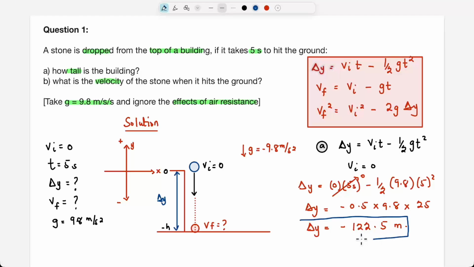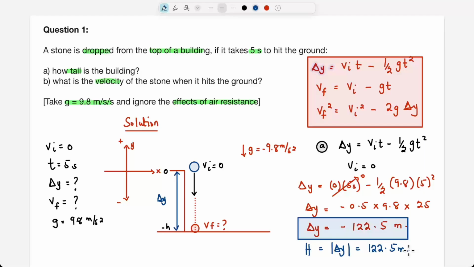This would be the distance that it would take this stone to travel to hit the ground. So we can say that the height of the building is nothing but the magnitude of the displacement, and that is equal to 122.5 meters.